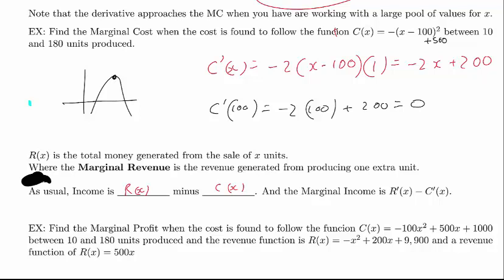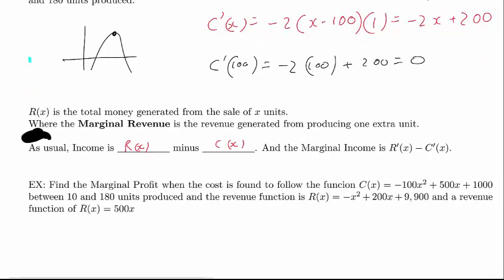So as a quick example, let's find the marginal profit when the cost is found to follow the function right here, that's our cost function. Throw a yellow highlight on that. And then the revenue function is right here. Okay, so let's go ahead and work this through.